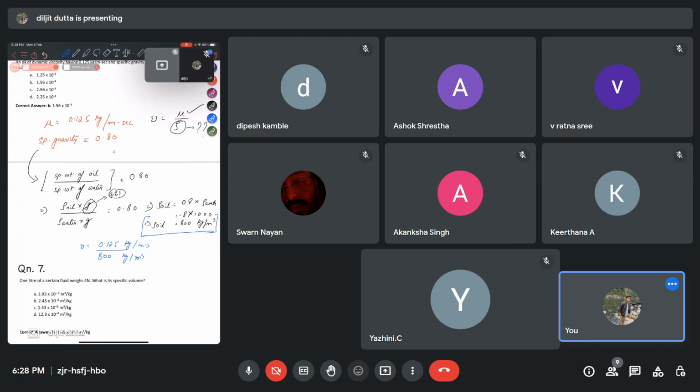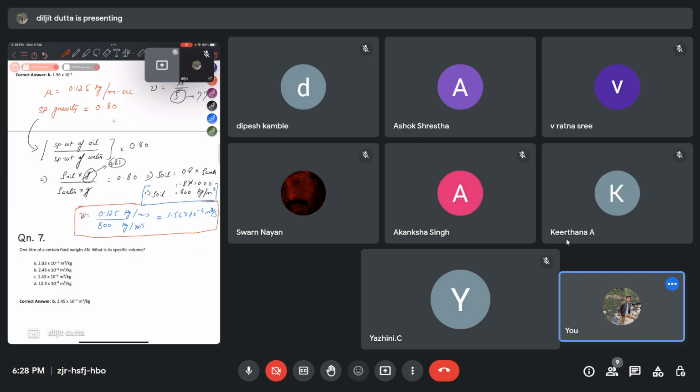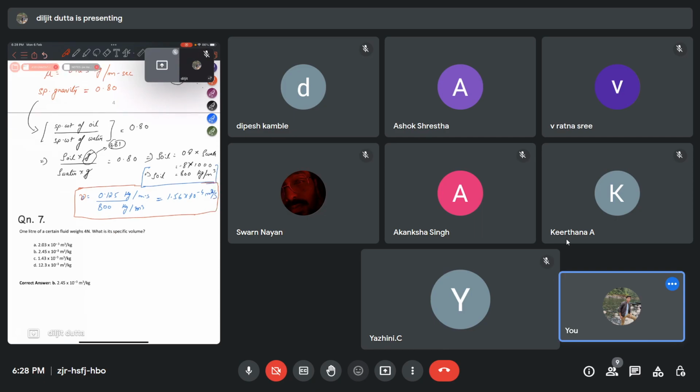If you solve this, it will come approximately 1.56 into 10 to the power minus 4 meter square per second. So this is how you solve. I hope there are no doubts in this numerical. If there are any doubts, don't hesitate to ask. Okay.